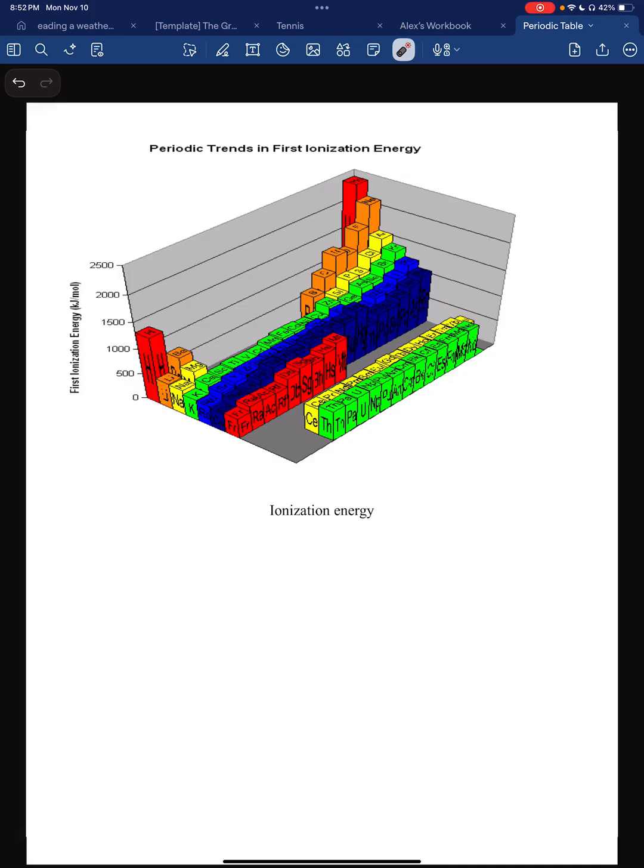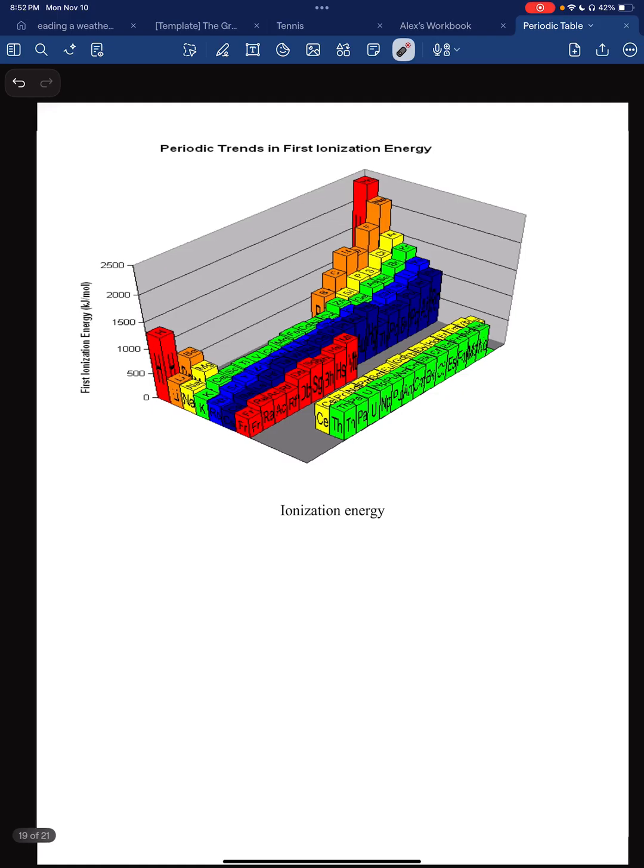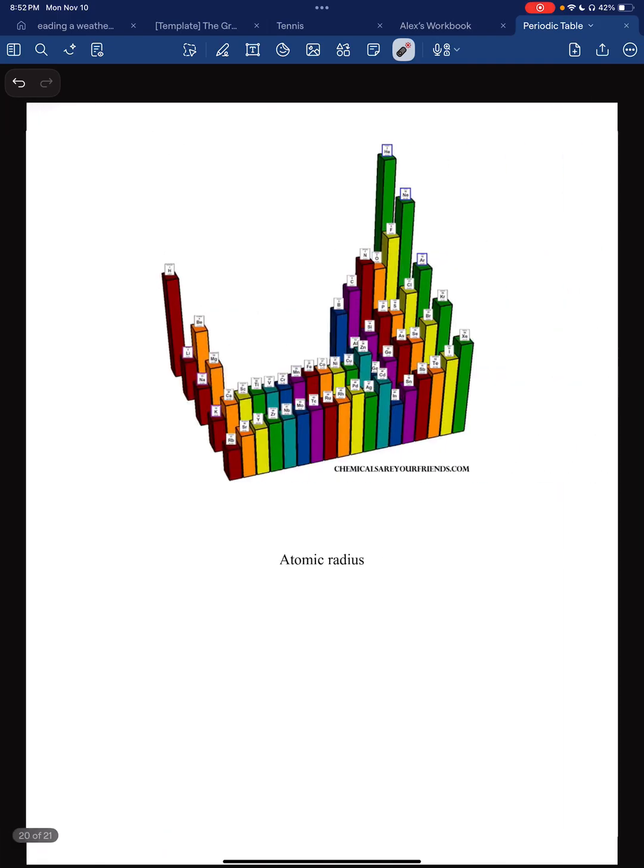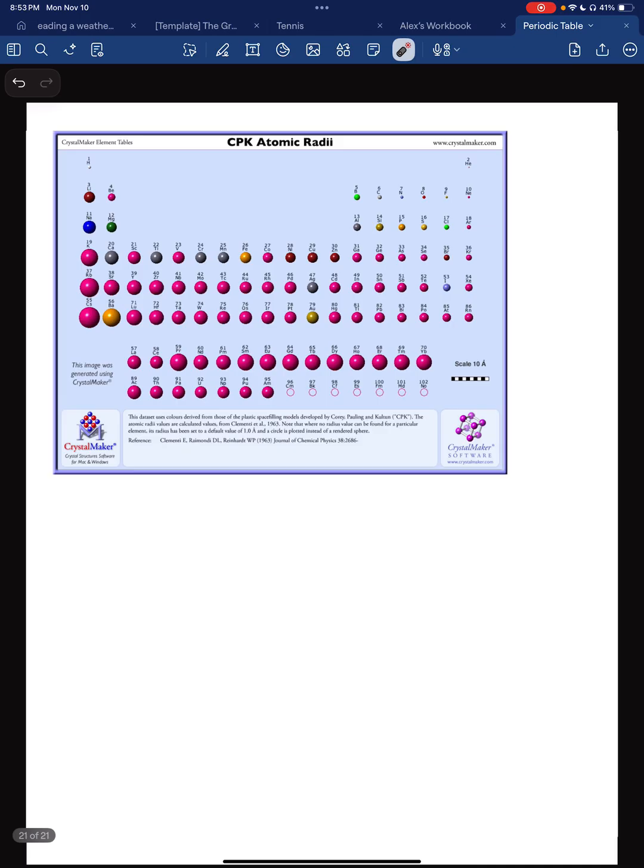Ionization energy we'll also get into a little bit later, but it's different from electronegativity. Here's another picture of ionization energy. Now, this is the one that we need to talk about.